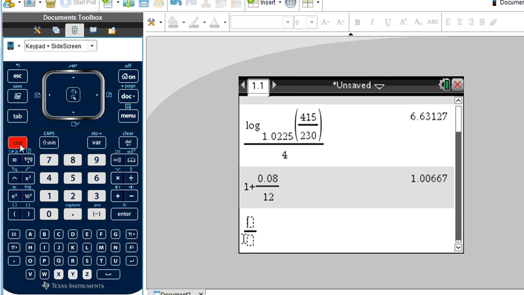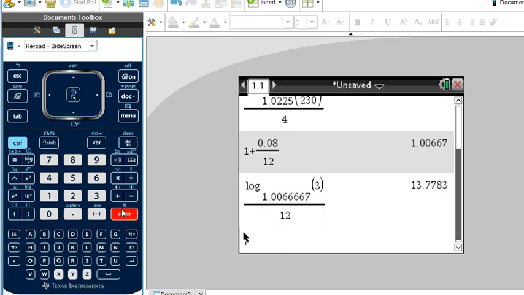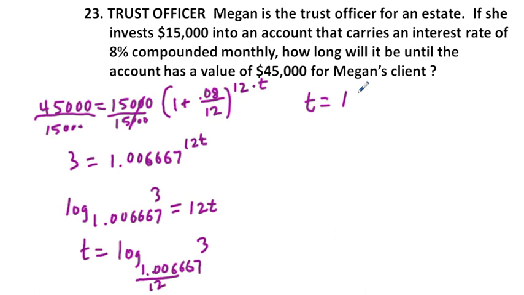Okay, log 1.00666, we can keep on going out, right? 67 of 3 and divide that by 12. We get 13.78 years. So let's go ahead and write that. 13.78 years.